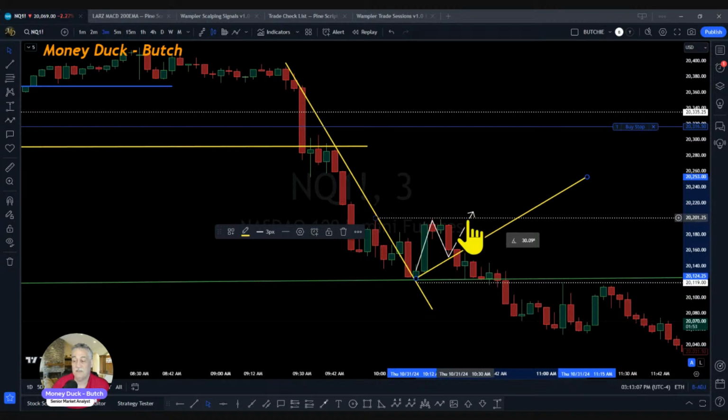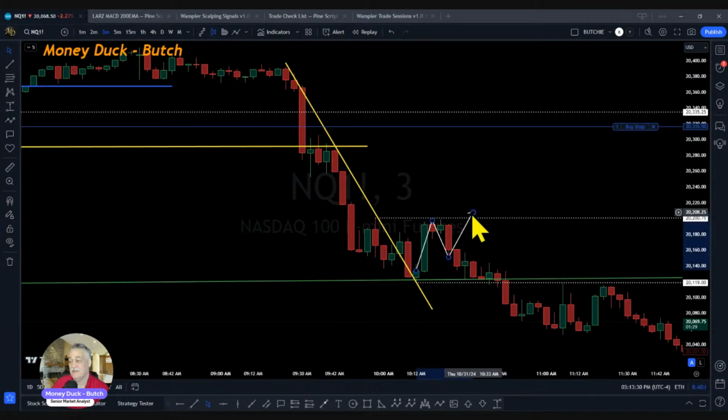If it broke here and then we see a pullback and I'm looking for that green candle, that would be my new trend line. If I was trading solely based on the trend line and the build up after, that would be an entry long. Well, it never does that. It absolutely never does that. Never goes higher than those highs.